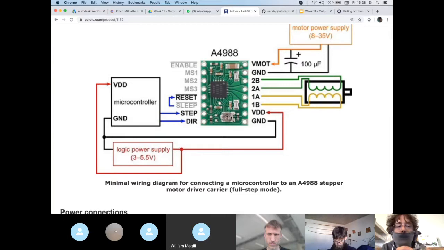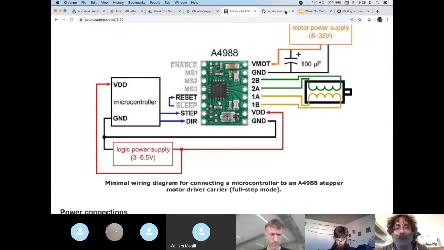And if you exceed this value, the motor will overheat or will lose steps, will work unreliably. If you have the nominal ampere, the nominal current, you reach the maximum performance. If you have less than the nominal current, then the motor might lose steps if there is a heavy load attached to it. So it will not reach the specified torque.